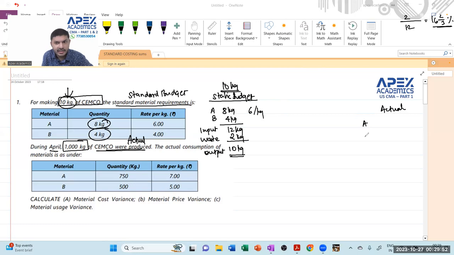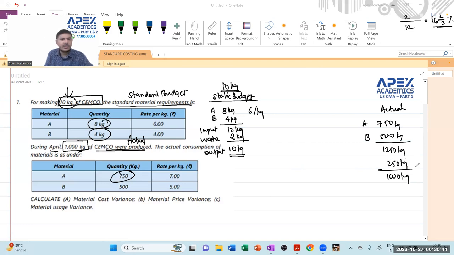For actual, I have A and I have B. How much actual did I need? I needed 750. And here I needed 500 kg. How much input? 1250 kg. And I got how much output? I got 1000 kg of output. Means I wasted how much? I wasted 250 kg. This is at the rate of 7 and this is at the rate of 5.